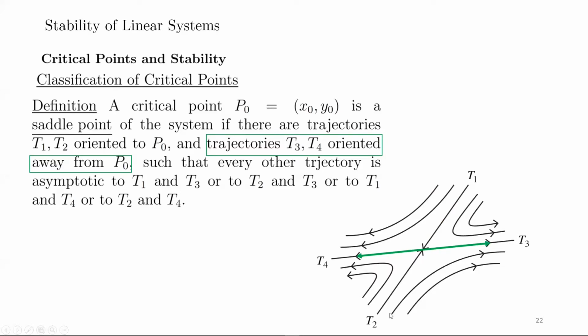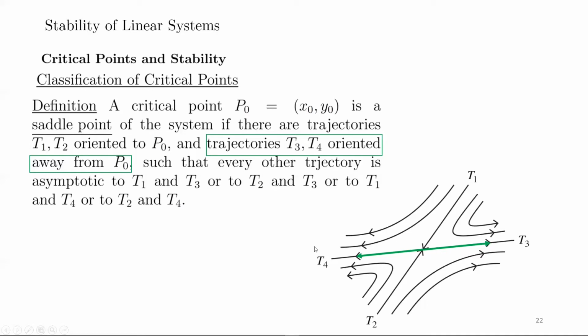So if we start at this point here, we follow the T2 path, but we move along T3, because T2 moves towards the critical point, but then T3 sucks us away from that critical point. Similarly up here, T1 moves us towards that critical point, but then T3 sucks us away from it. T1 moves us towards the critical point, but T4 moves us away.